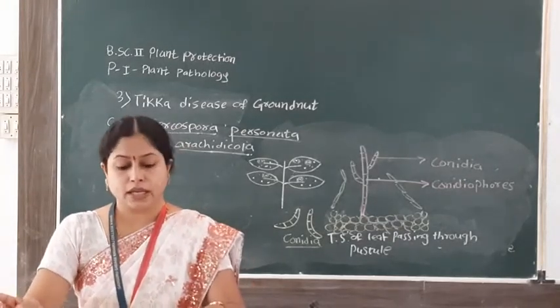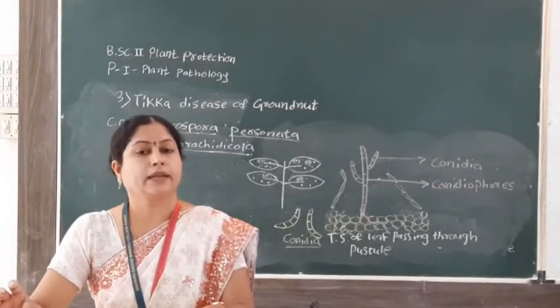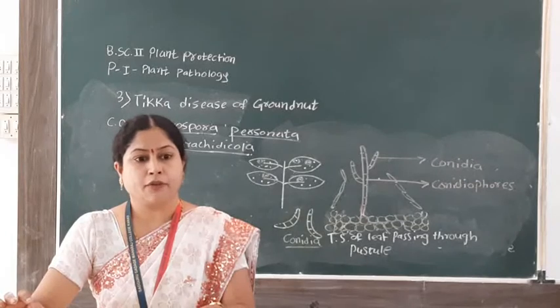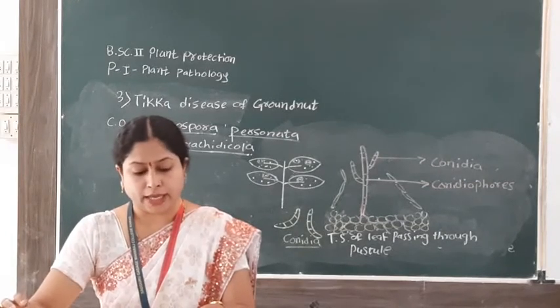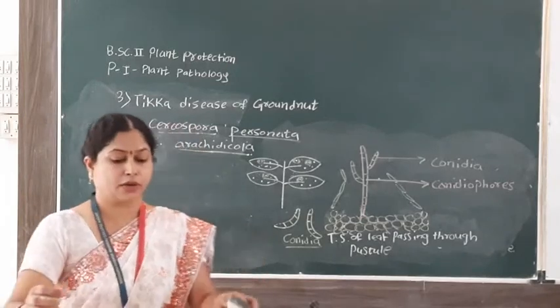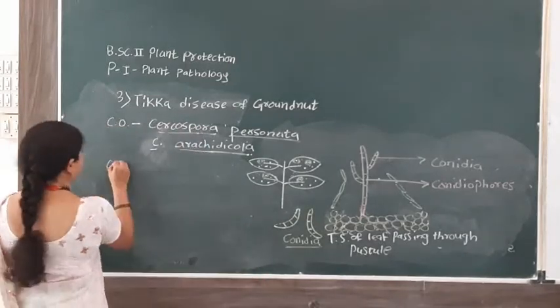In the disease cycle, the mature conidia get disseminated through wind, and they remain viable for a long time. Last is the control measures. First control is clean cultivation.